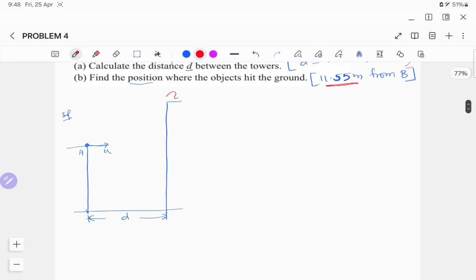So directly let me write u cos 60 as u by 2, and u sin 60 as root 3 u by 2. This is the second particle projected from point C. This is the first particle projection started from point A.